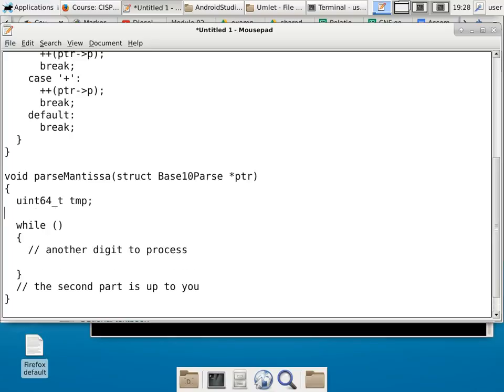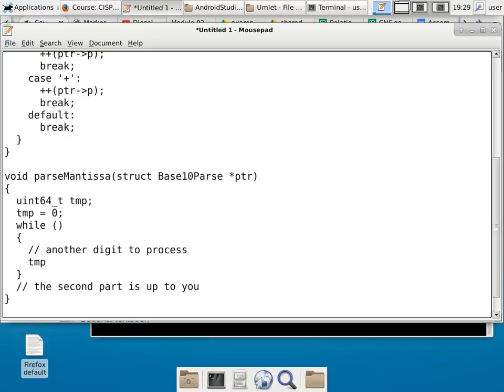And that has to be initialized beforehand, so we'll initialize it to 0. Okay, so now, since we know for sure that ptr.p is pointing to a digit, we just have to say, okay, how do we keep track of TMP so that we keep processing the number and know the value of the number?